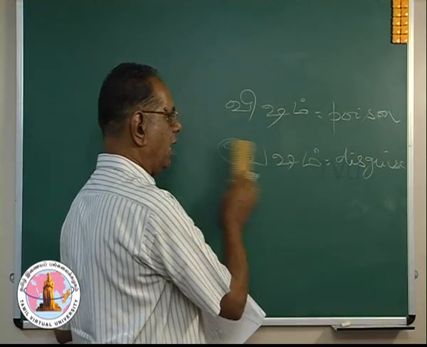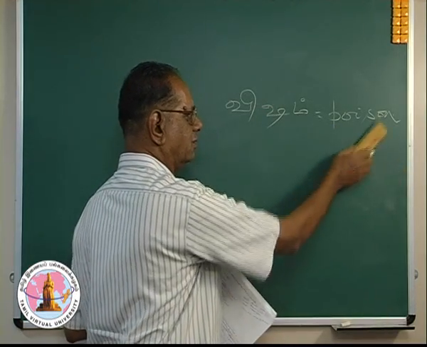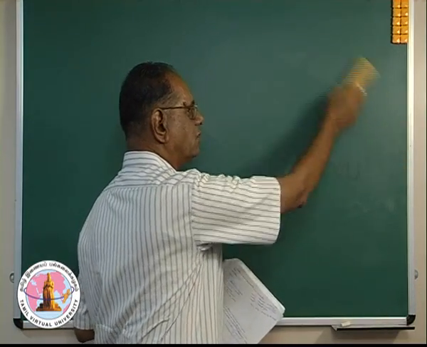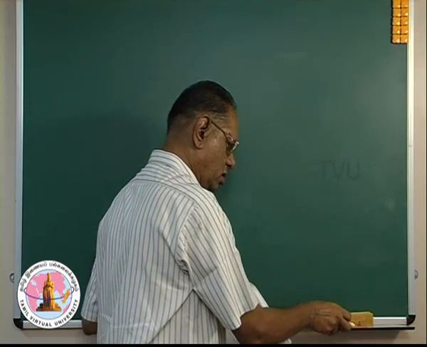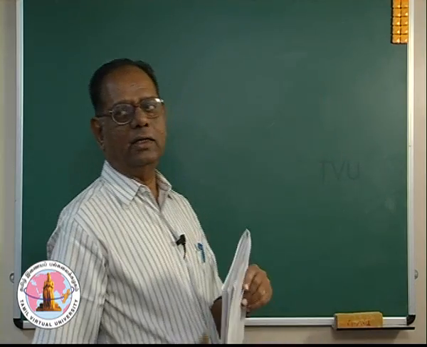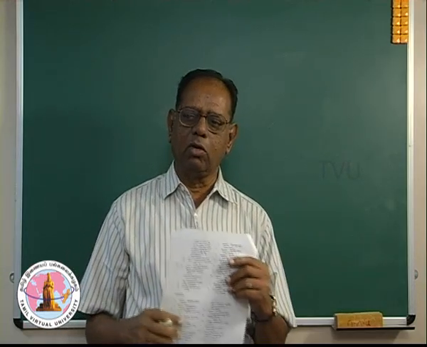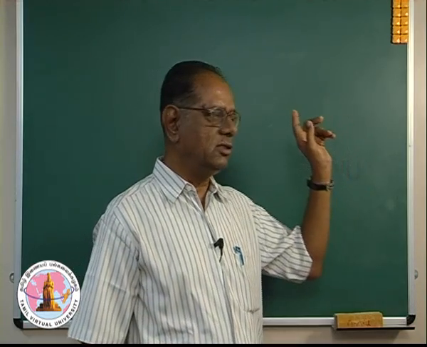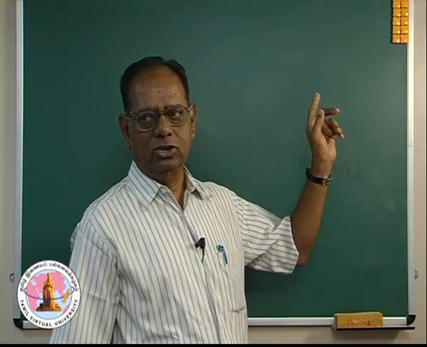So, we have so far discussed two letters representing the borrowed sounds. One is Ja and the other is Sha.